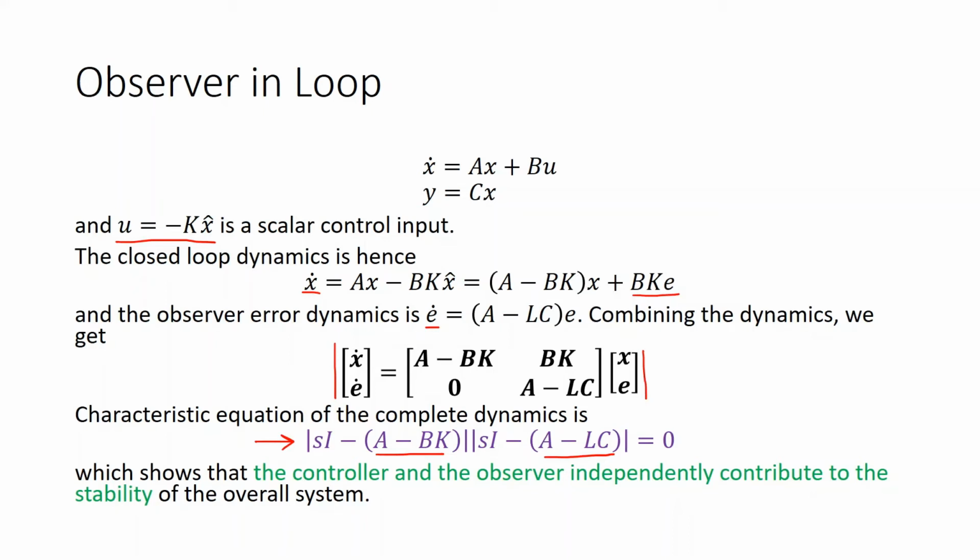What is the block diagram of the observer in loop? It is like this. So you have the plant here, whose model you have given as ABC. Now you have this Y coming out. With the help of the Y, you are constructing x hat. Here is the observer.